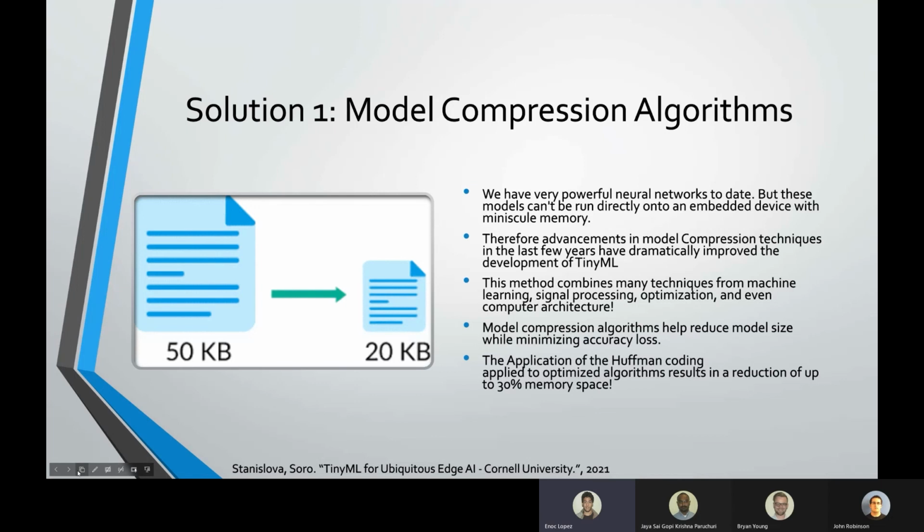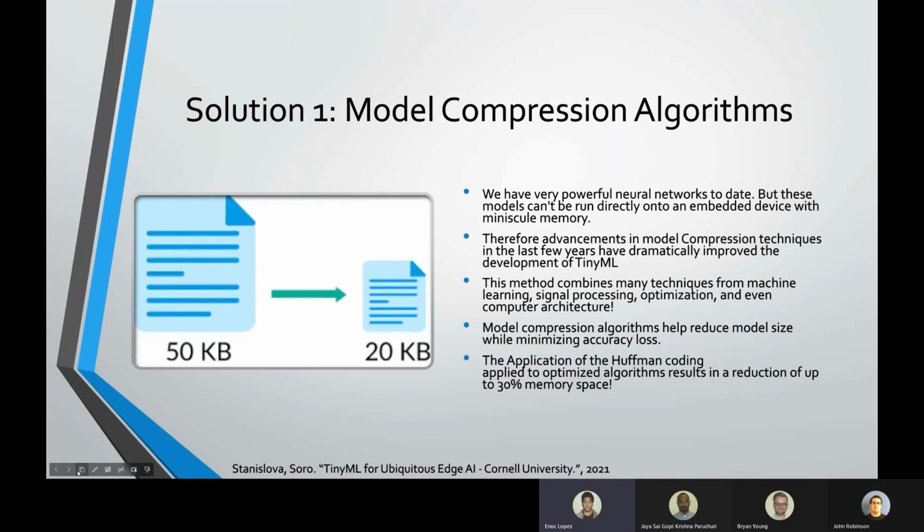Many different techniques have been combined in order to make TinyML and its algorithms as efficient and as small as possible, drawing on machine learning, signal processing, optimization, and even computer architecture.